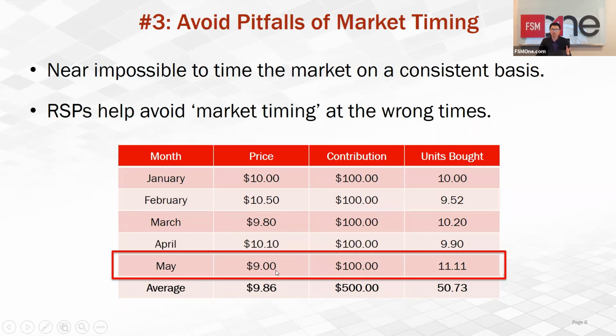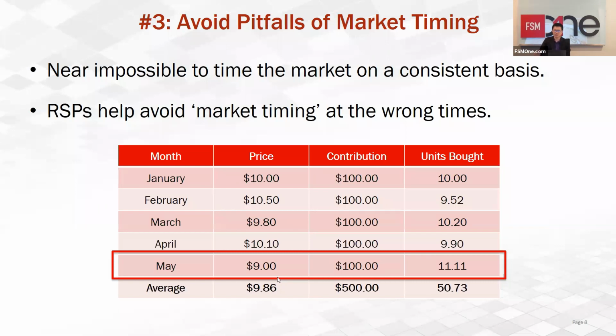I get $9, and I stand to get a potentially much higher return compared to my average price of 9.86. This kind of thinking is true, but it is only true if you can correctly predict that May is the bottom of the market. If you can correctly predict that at May, you will be able to secure that $9 per share for this particular investment.